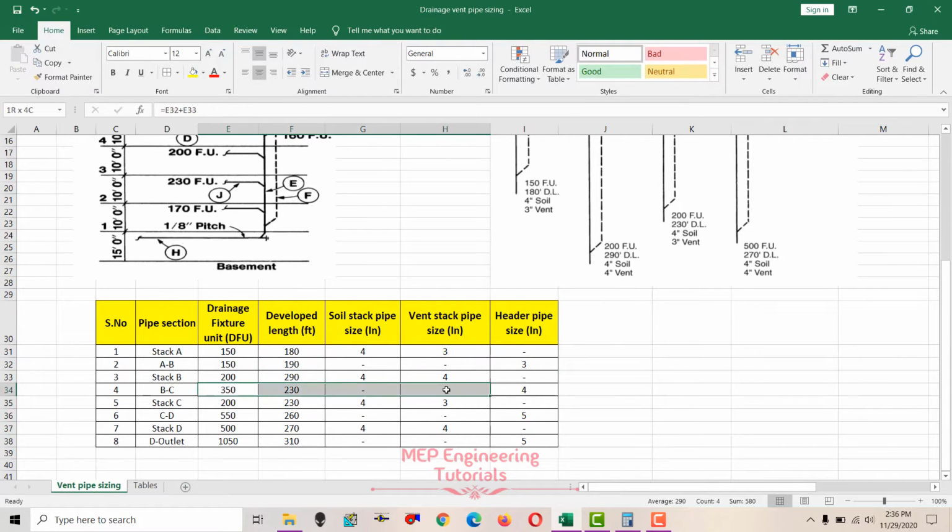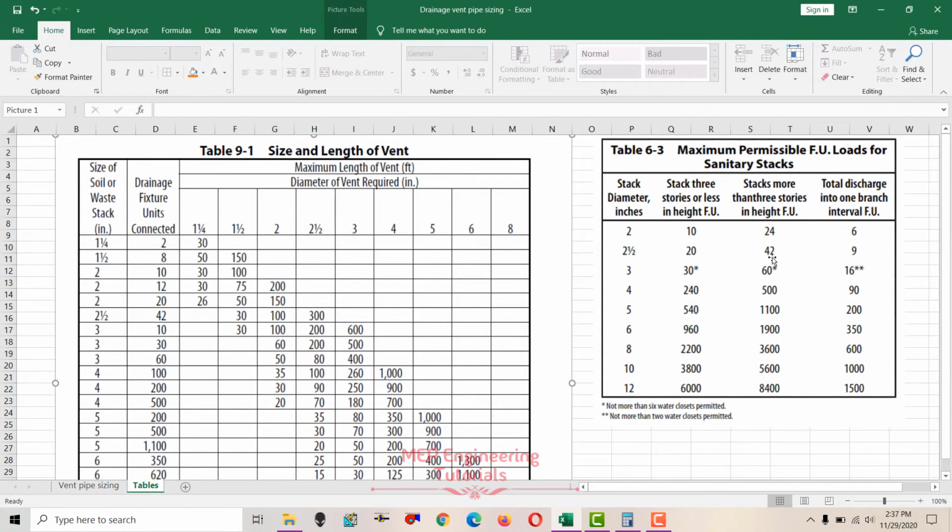So now we check the header pipe size B to C. We know that drainage fixture units are 350. So first check the soil stack pipe size, how much it would be. Based on this we have to check the header pipe size. So 350 is in between, and we'll go for the higher value 500, 4 inches pipe size.